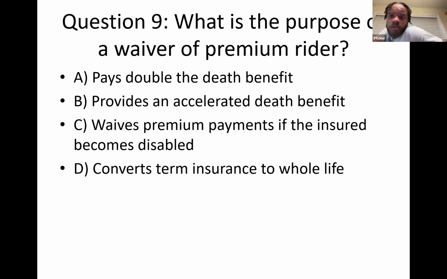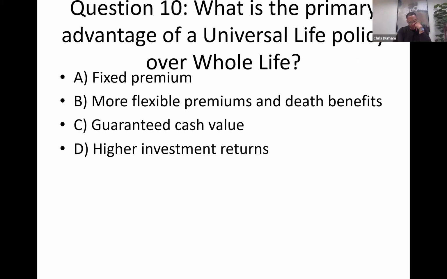C, waives premium payments if the insured becomes disabled. Yep. What is the primary advantage of a universal life policy over whole life? Is it D, higher investment returns? No, oh, B. The answer is B.